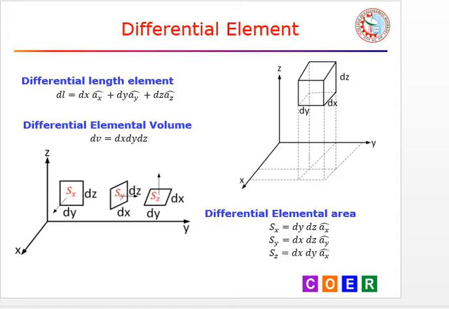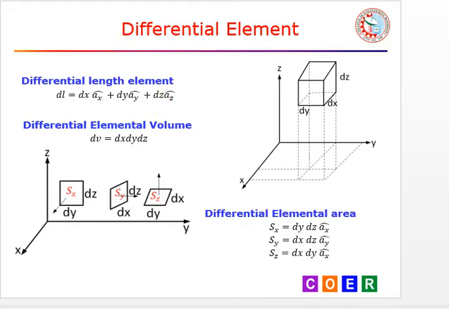Hence, the differential vector length, also called the elementary vector length, can be expressed as dl equal to dx unit vector ax plus dy unit vector ay plus dz unit vector az. This is the vector joining the original point P to the new point P dash.